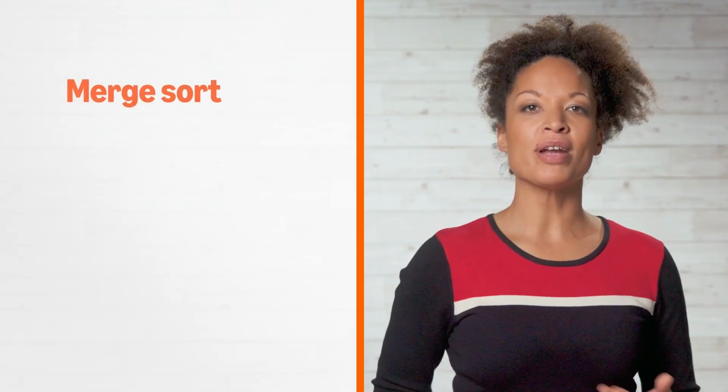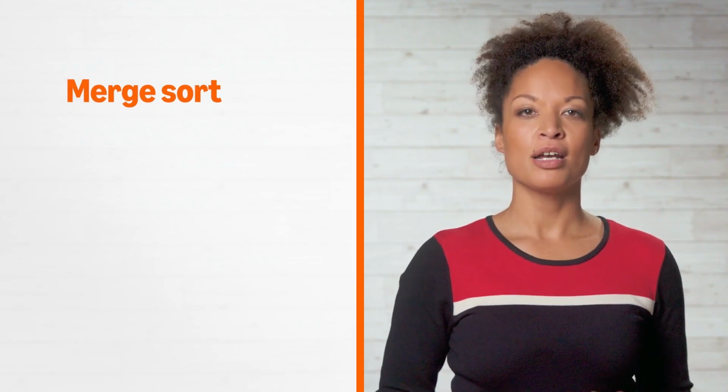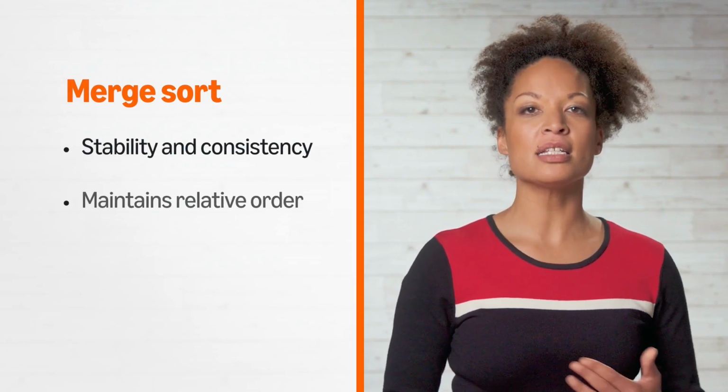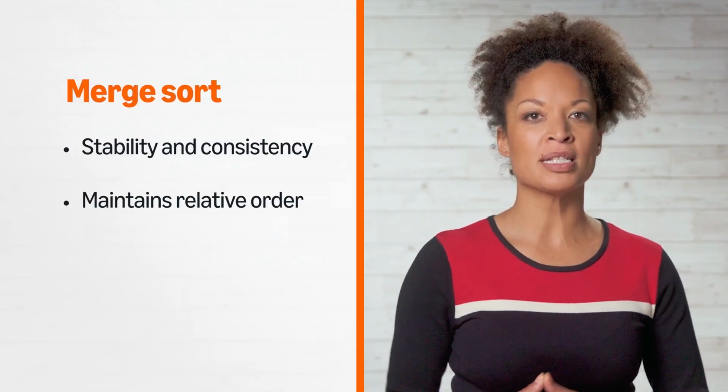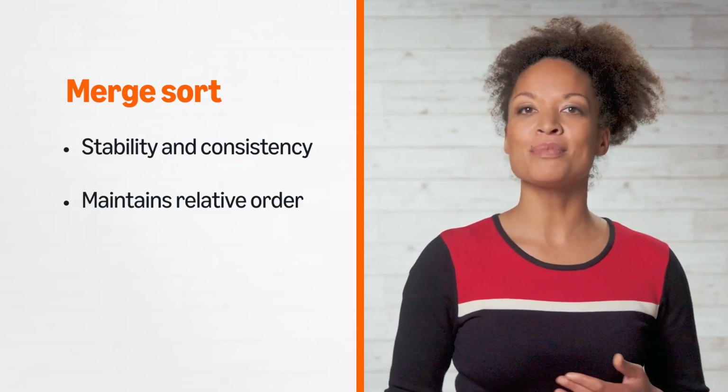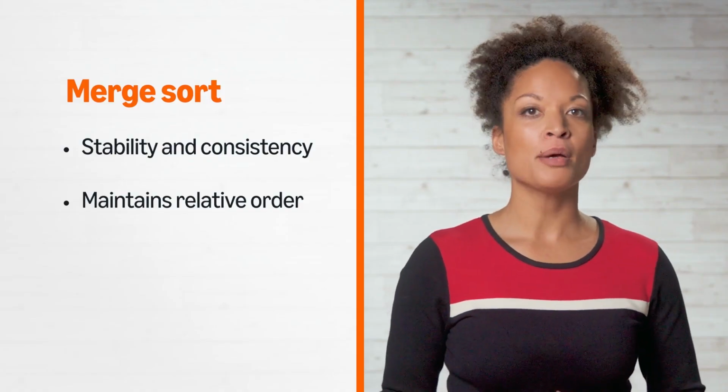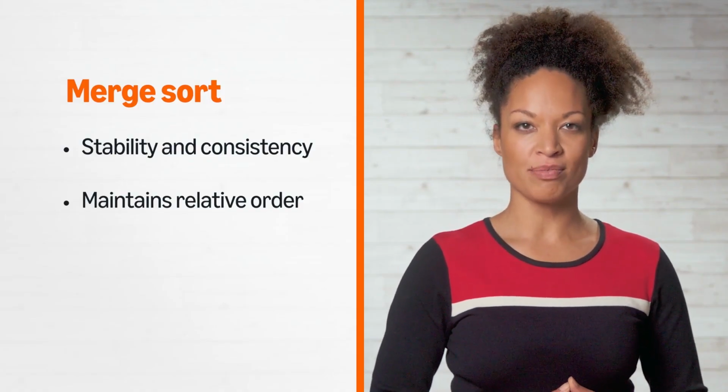Merge sort is a great choice for this kind of data because it's stable and maintains the relative order of records with equal keys, crucial for businesses like Click and Buy, where items may need to be sorted by price but displayed in order of entry. Merge sort also consistently handles large datasets well with its O of n log n time complexity in all cases, best, worst, and average, regardless of whether the data is already sorted or not.